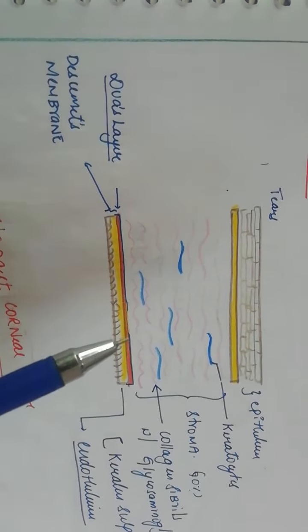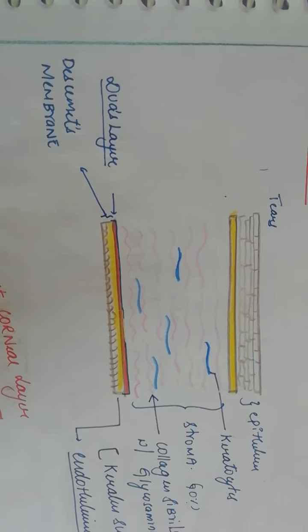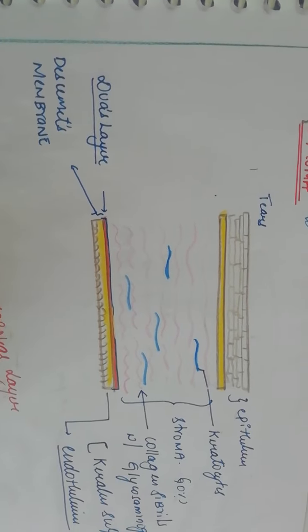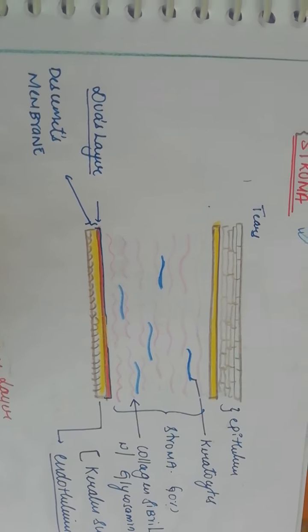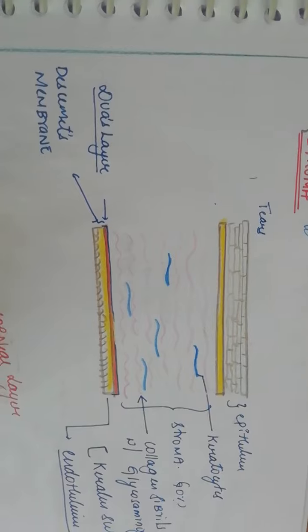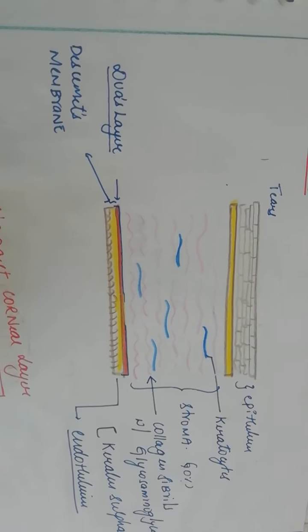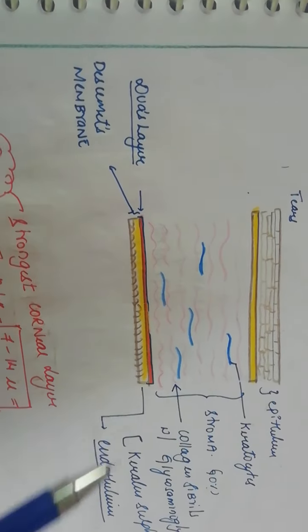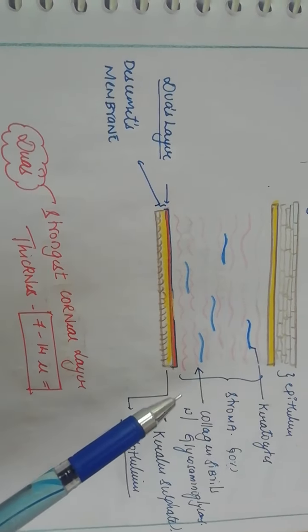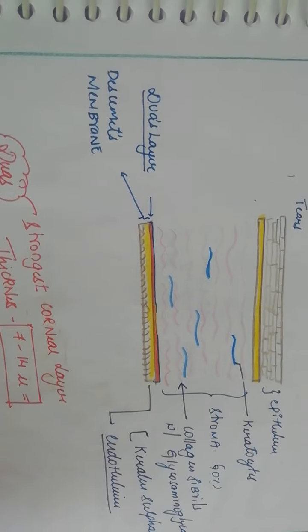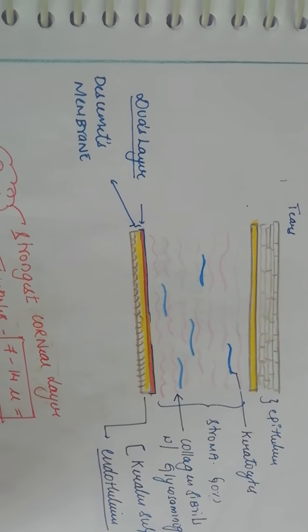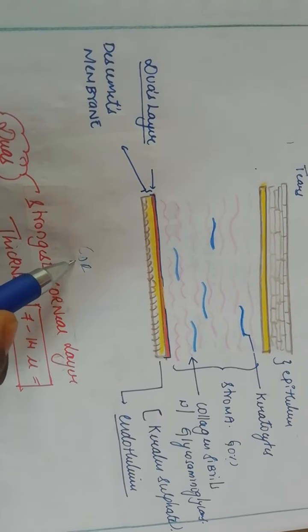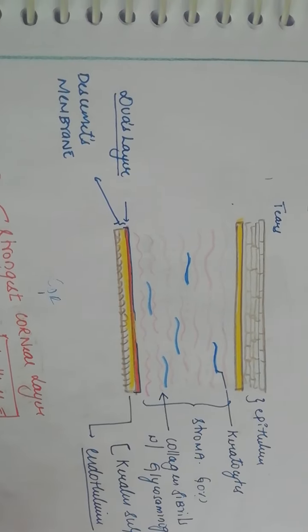Since it is stroma, it contains collagen and glycosaminoglycans. These are the collagen fibrils, type 1 collagen, which is present in the cornea. You can just remember COR in cornea, O for 1.